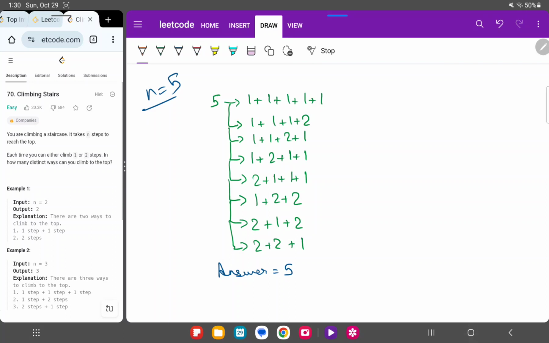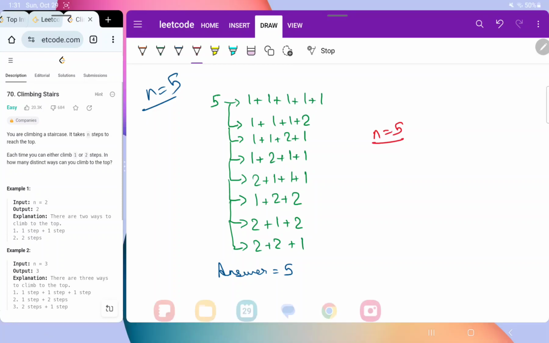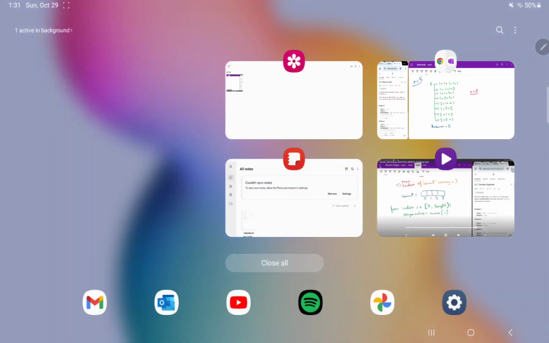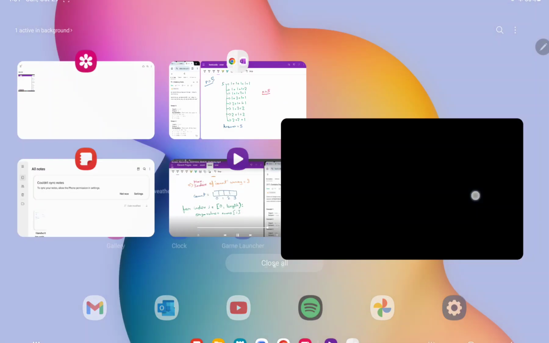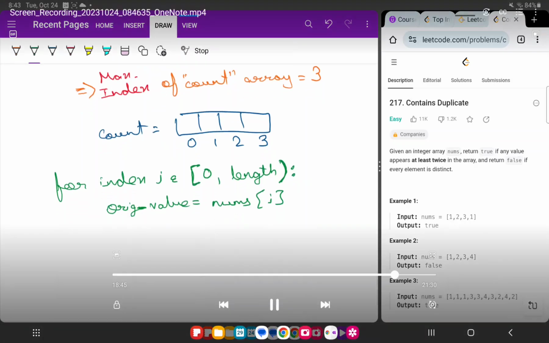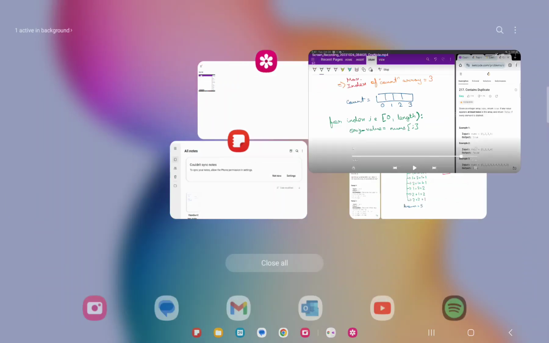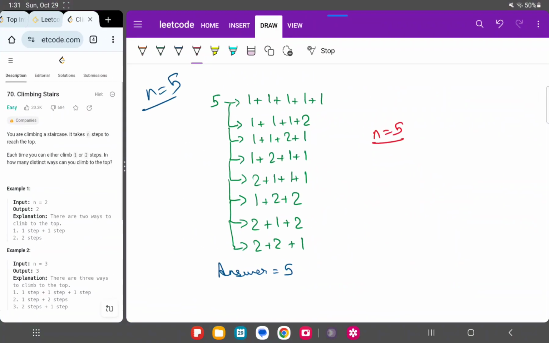This problem can be broken down into, if we have to reach n equals 5, the 5th staircase, since we're only allowed to take one step or two steps at a time. So what is one step back from n equals 5? That is n equals 4.